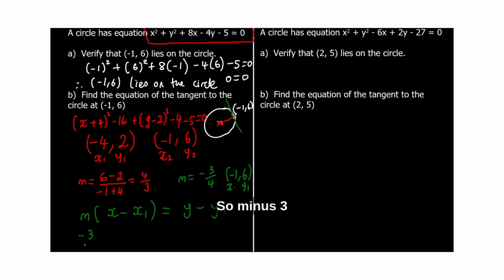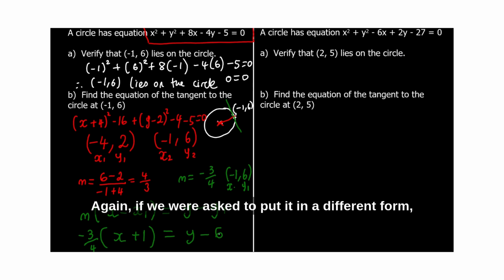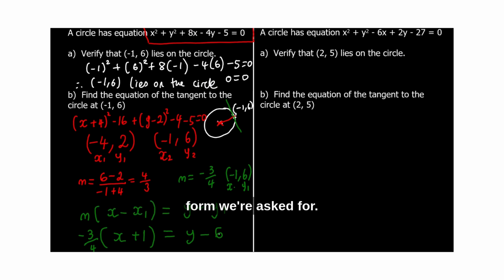So minus 3/4 times x minus minus 1, x plus 1, equals y minus 6. So that's the equation of the tangent. Again, if we were asked to put it in a different form, we would have to rearrange from there to get it in the form we're asked for.